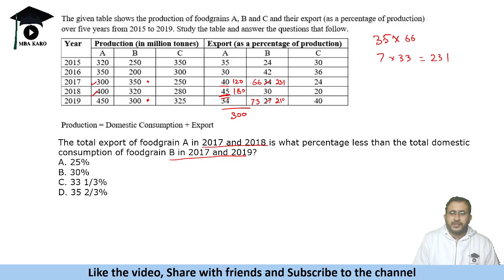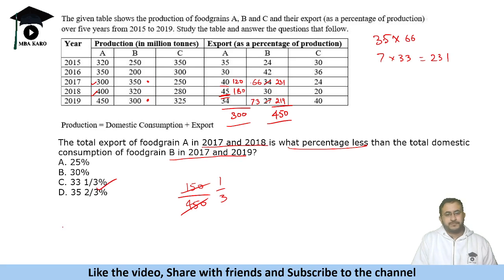It's 219. If you add these two values, the total will be 450. So what percentage less is it? It is 150 less. 150 by 450 is 1/3, or 33.33%.